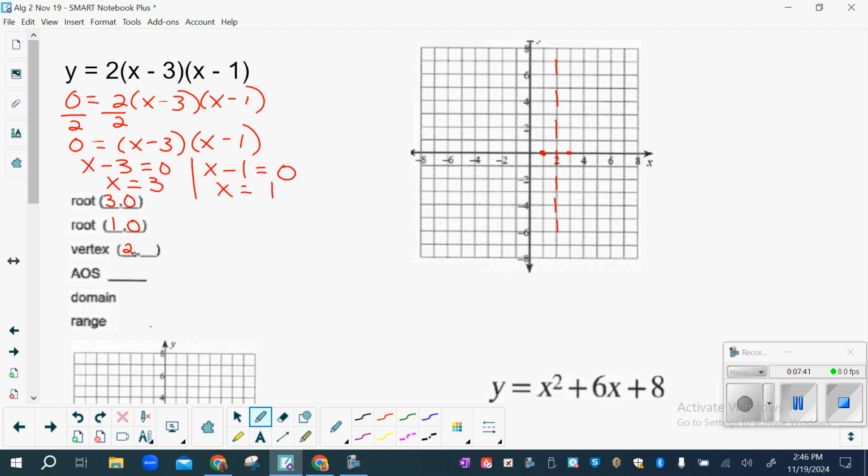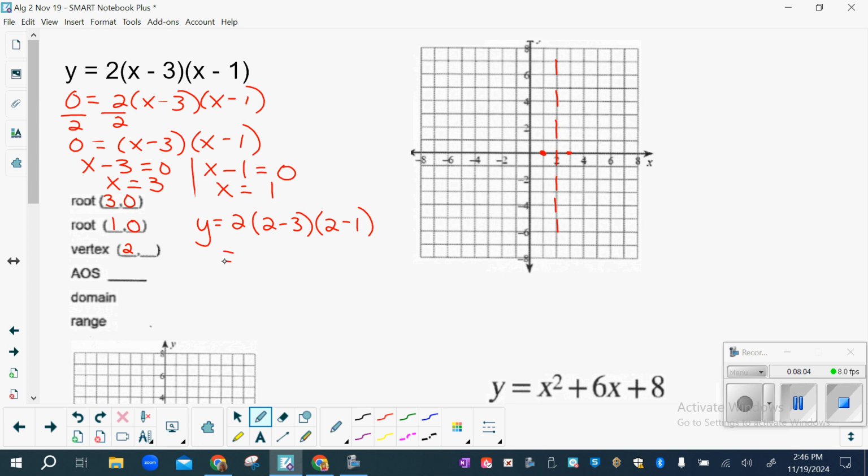So we want to find the y value, and we do that by plugging it in. So pay attention here. We have 2 times 2 minus 3 and 2 minus 1. We have to leave that 2 there when we are finding our y value. We only divided by 2 when it was equal to 0.